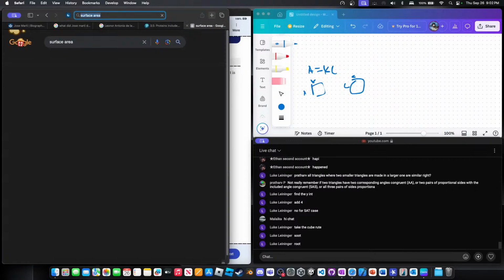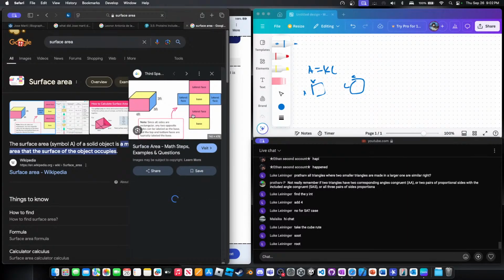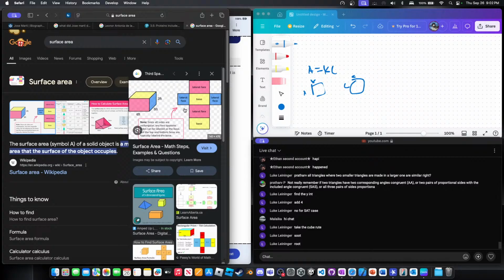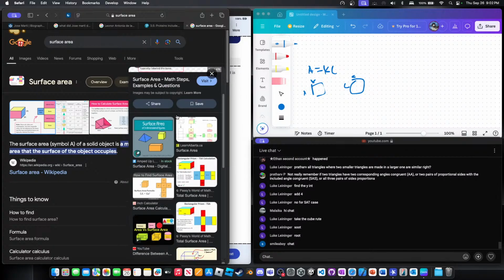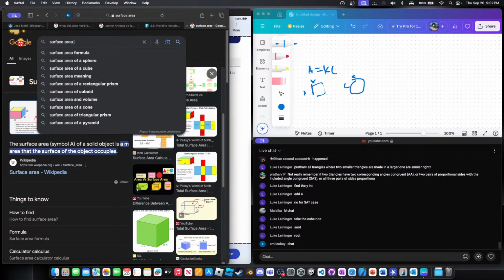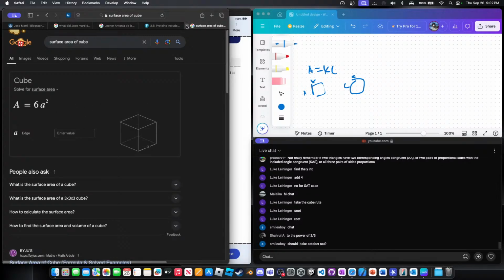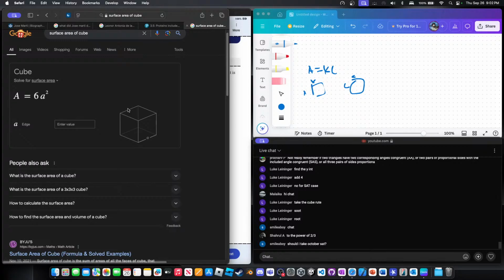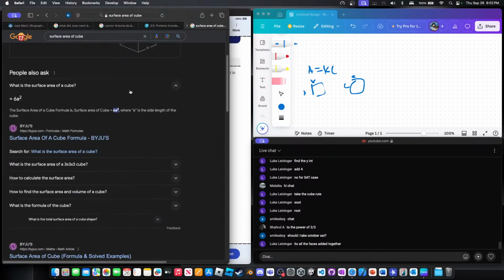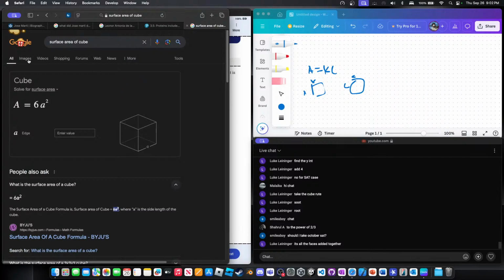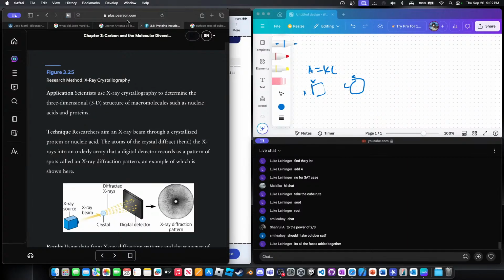Surface area. What is the surface area? Now, I don't want the... Oh, it's all the faces added together.